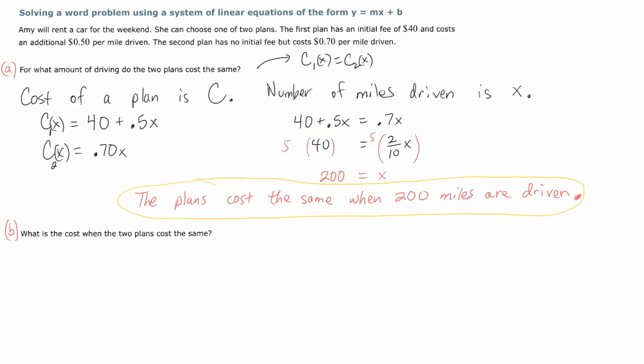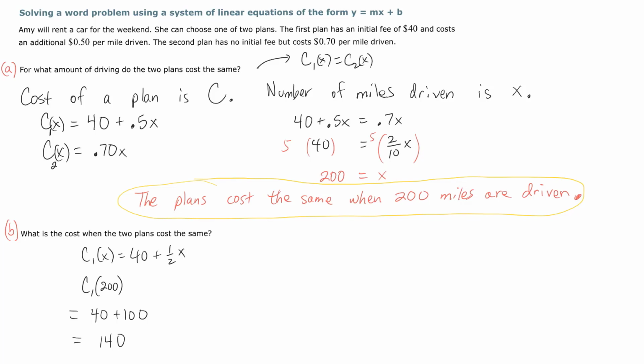So take your C1 function and simply evaluate it at 200. And that's the beauty of function notation. We get what? 40 plus 100, and we get 140.